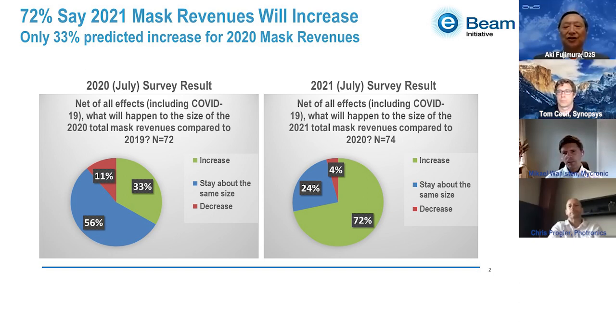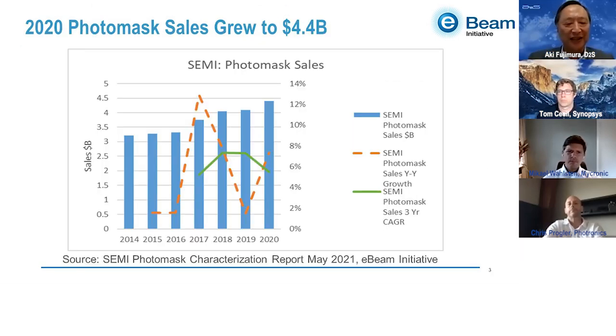So that's great. So basically, leading edge and mid-range, like Chris was saying, and also for flat panel displays, things are generally looking up. So it's not surprising that the next slide, which is not from the Luminary survey, it's from SEMI, and shows a pretty optimistic look for photomask sales.